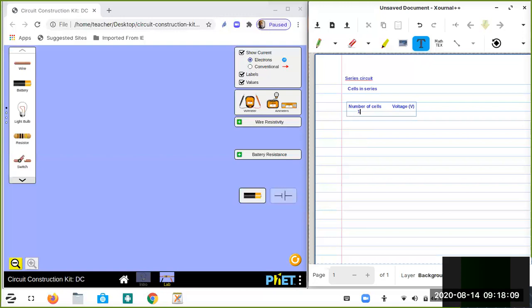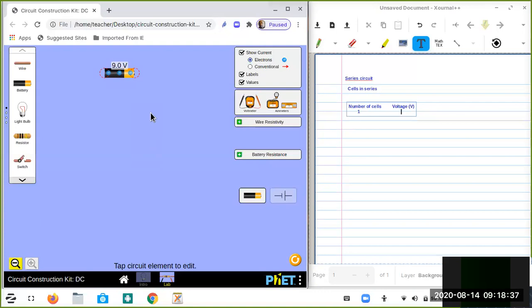We are going to start with one cell. What is going to be the voltage? Remember, we are to use the voltmeter. So here is my cell, and it is written there as 9.0 volts.